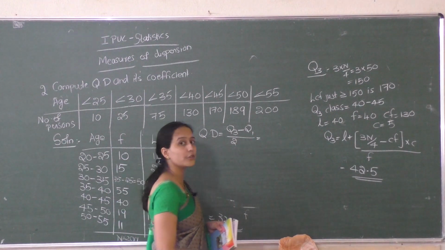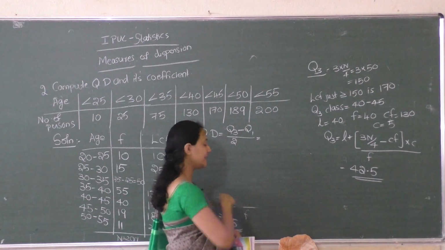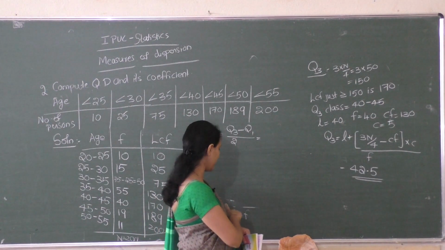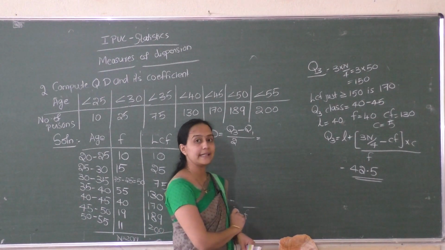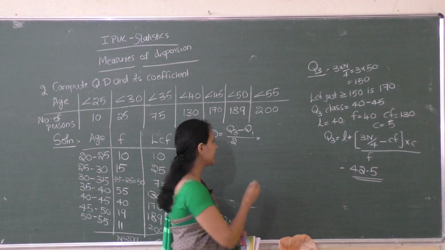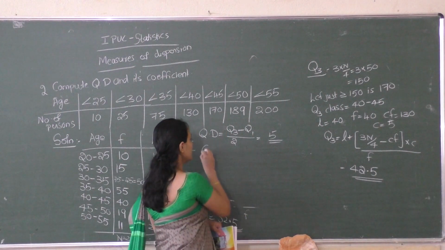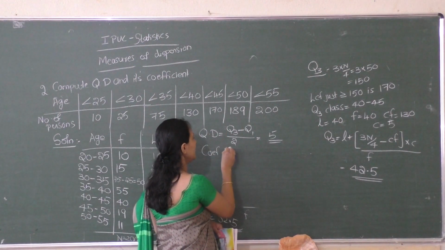Q3 is our 42.5 minus 32.5 divided by 2. 42.5 minus 32.5 you'll get 10. Correct? 10 divided by 2, that is 5.